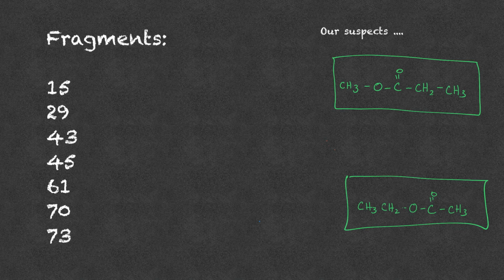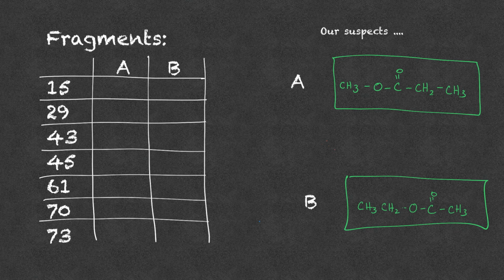So we're looking at the fragments. We're going to label these A and B. We're going to look at each of them. So CH3, they've both got fragments of 15. CH2CH3, that's 29. They've both got 29 fragments. So I'm going to have a look if I just sort of chop them down the middle, see what those halves are.